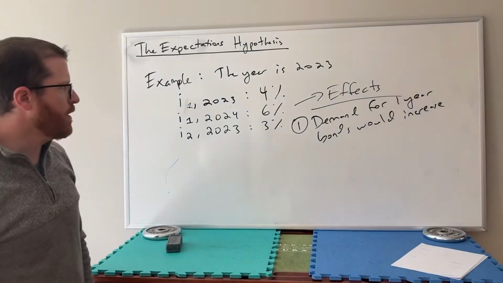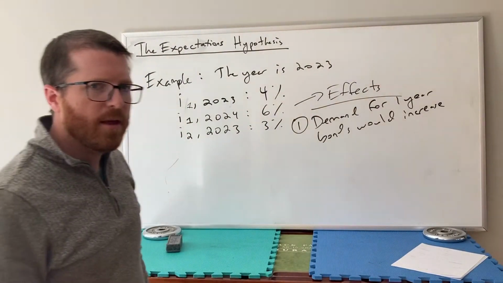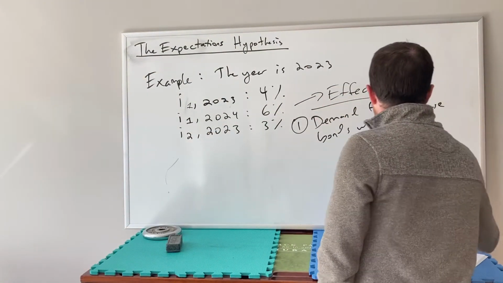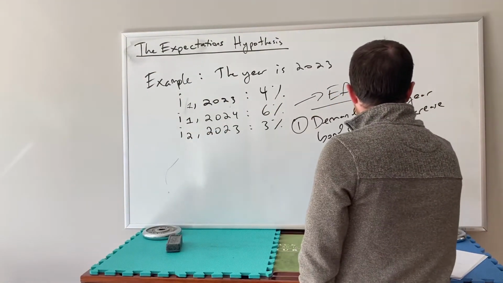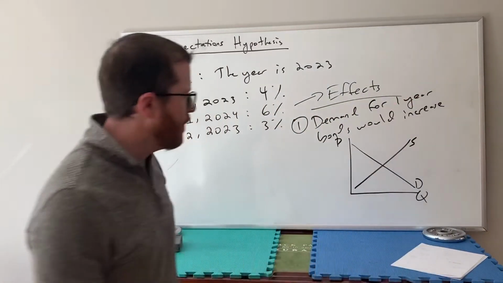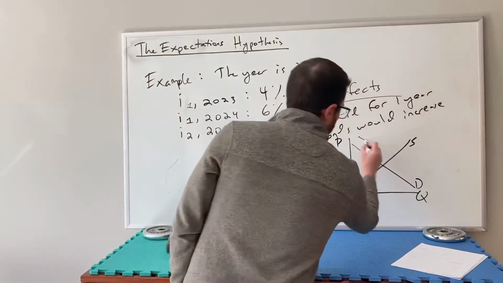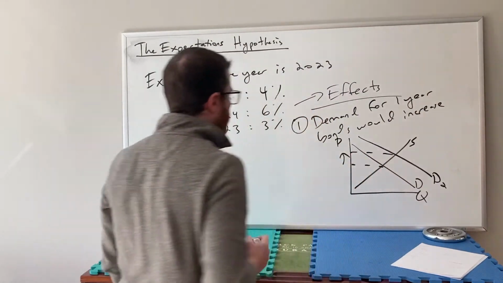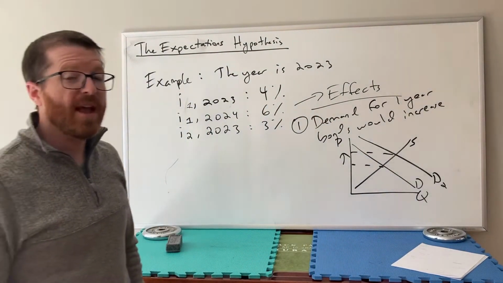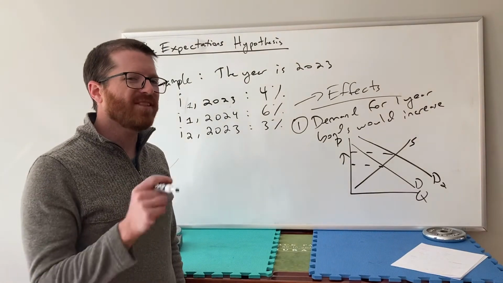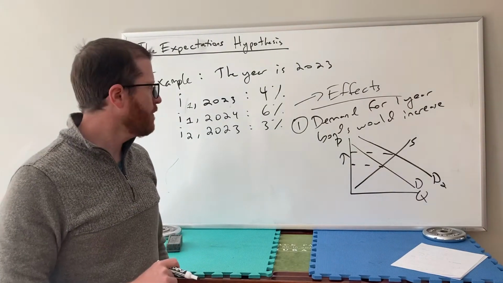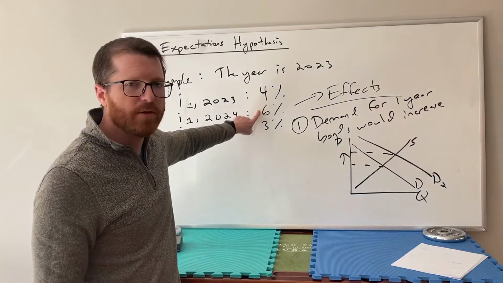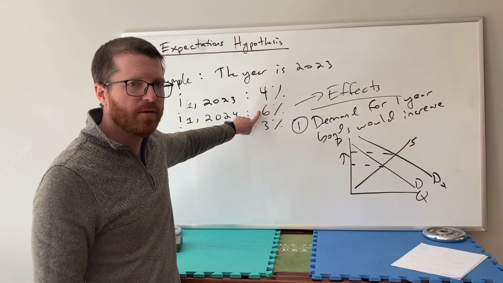And when demand increases, we can think about what that looks like for bonds. When the demand for bonds increases, it drives up the price, and in doing so, it drives down the interest rates, okay?